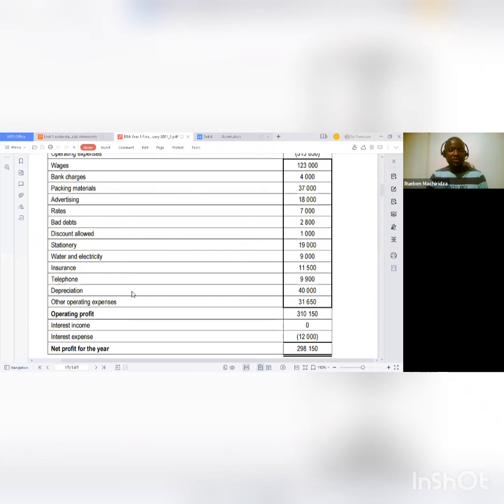So that cost that we incur as we use a motor vehicle is depreciation. We have got different methods of calculating depreciation, all of which we'll be looking at when we attempt a question.